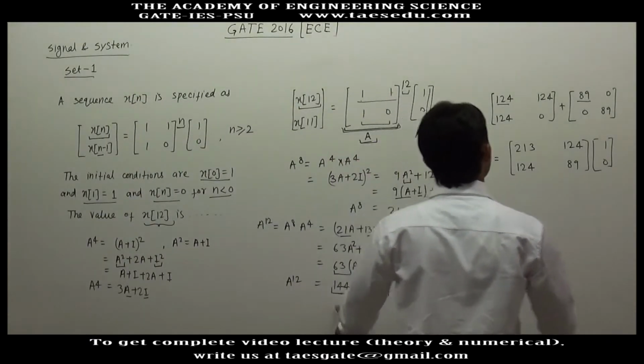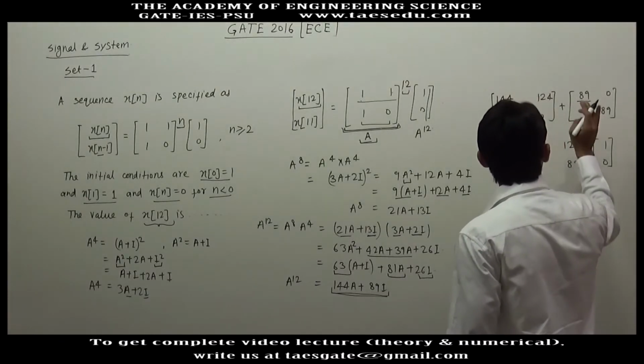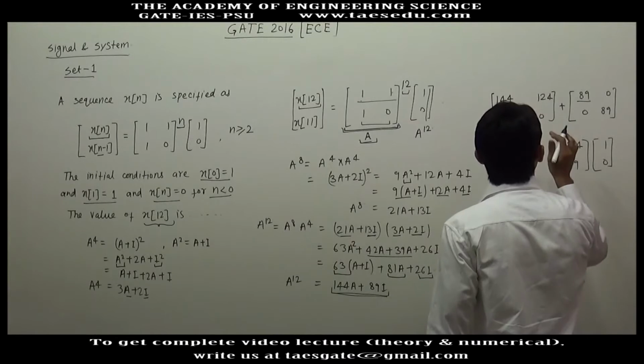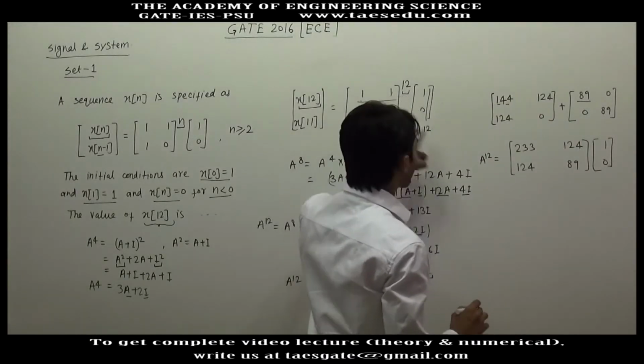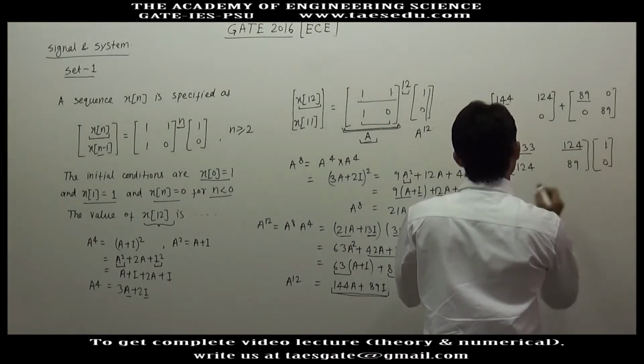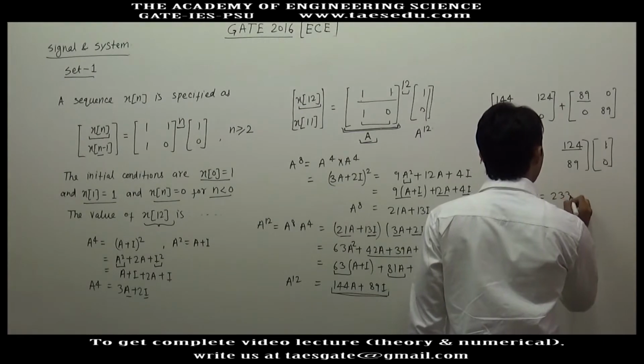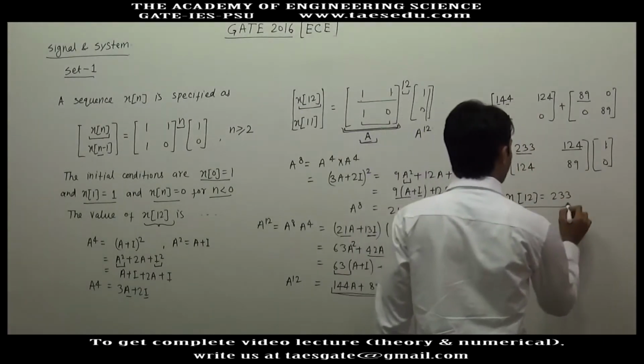So here we have 144, and 144 plus 89 will be 233. So the value of x12 will be 233. This will be the answer.